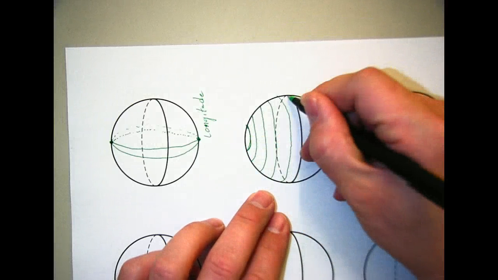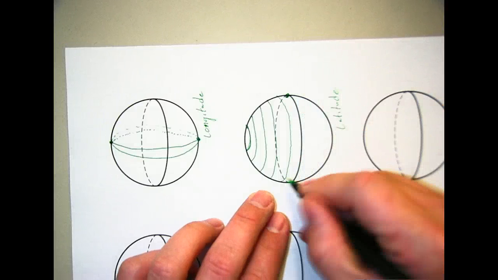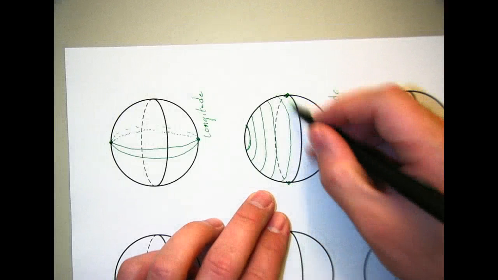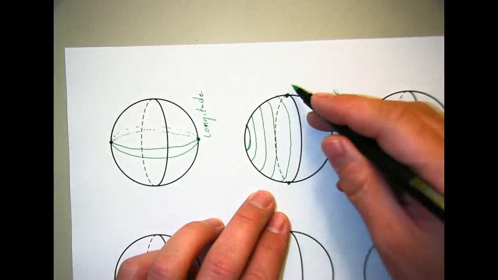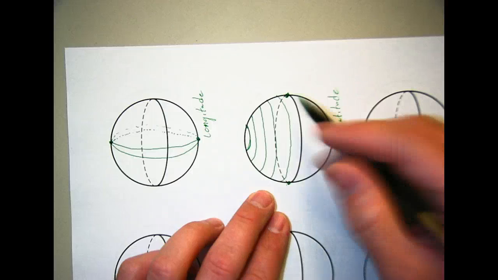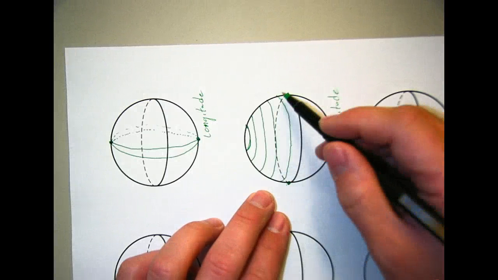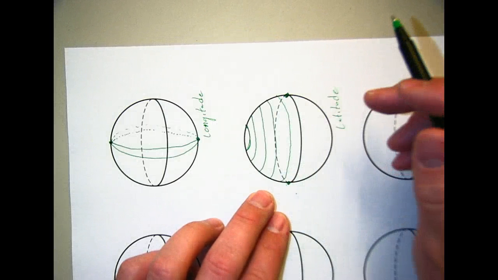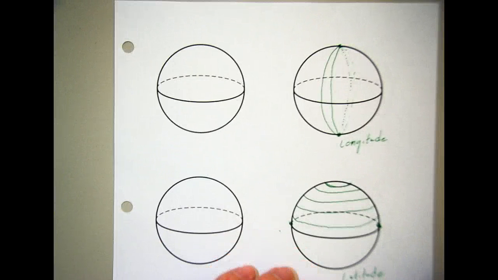So another way to think about it is this and this would intersect at the poles. Okay, they intersect at the top and the bottom, whereas these don't. They don't intersect at the poles. Yeah, so why does latitude have only one, but then you said that longitude has an infinite?